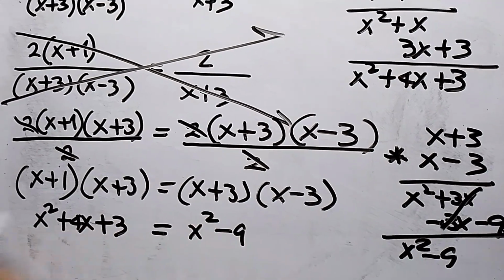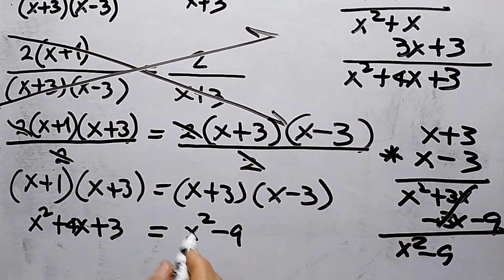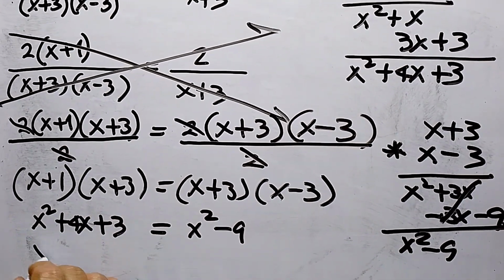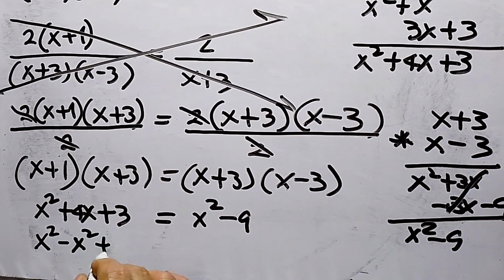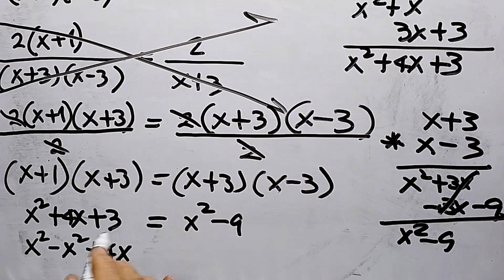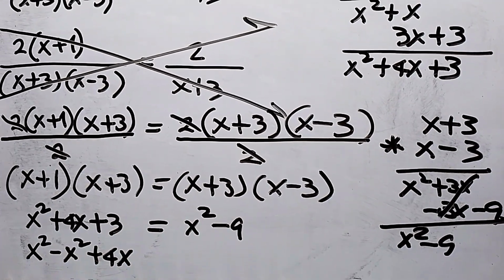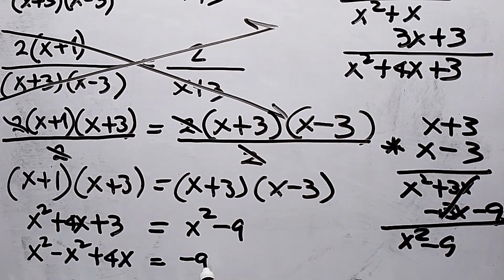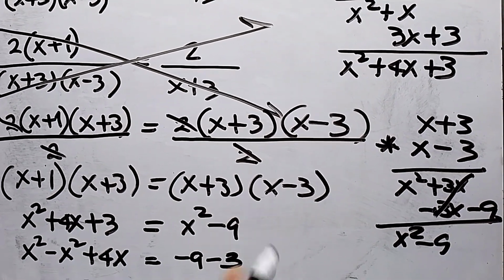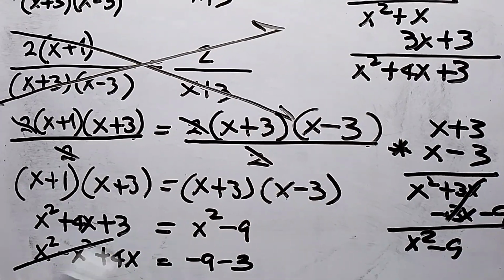So I need to transpose this x squared to the left. So this will be x squared minus x squared and then plus 4x. This constant 3 will be moved to the right side. So this will be negative 9 and then this will be minus 3. So this will be crossed out.